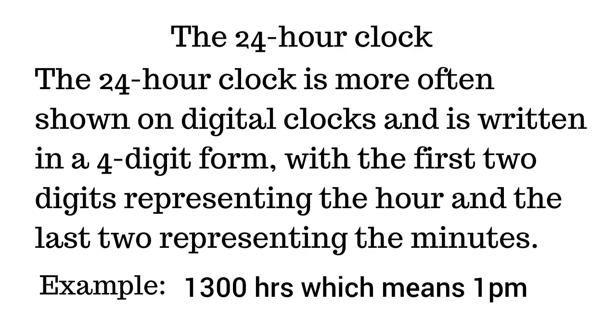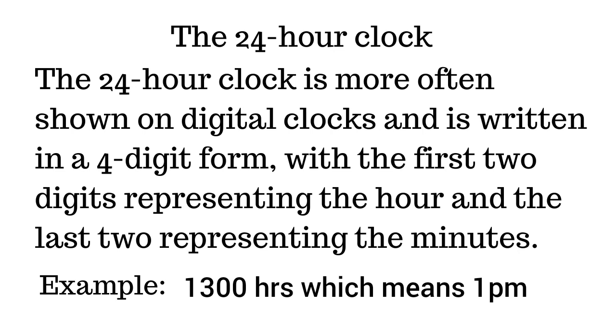The 24-hour clock. The 24-hour clock is often shown on digital clocks and is written in a 4-digit form, with the first 2 digits representing the hour and the last 2 representing the minutes.